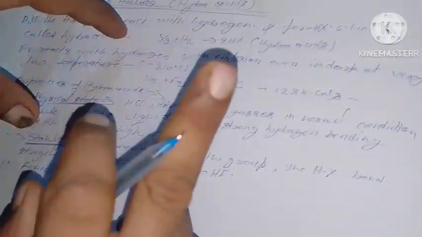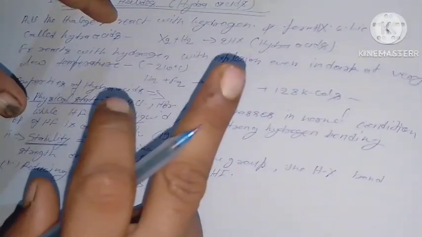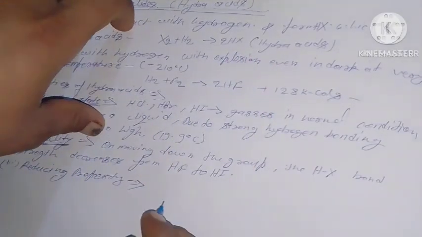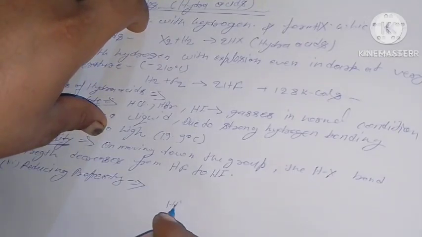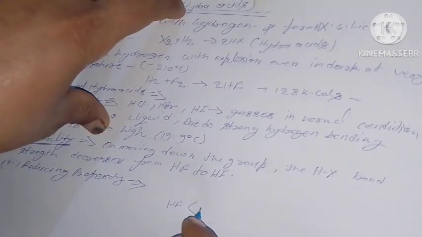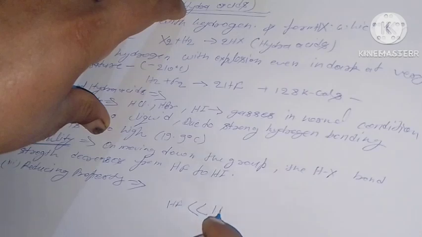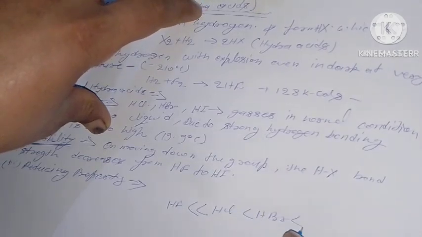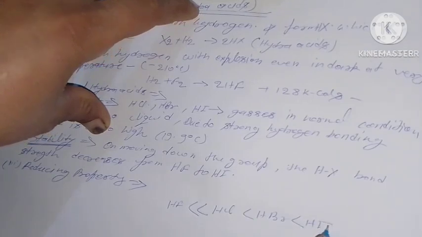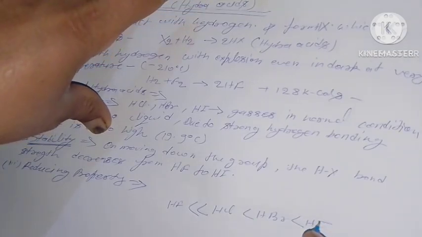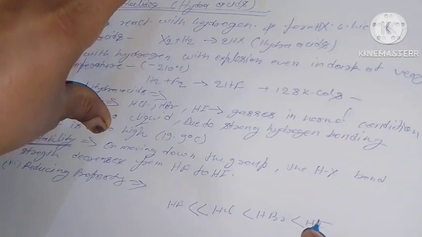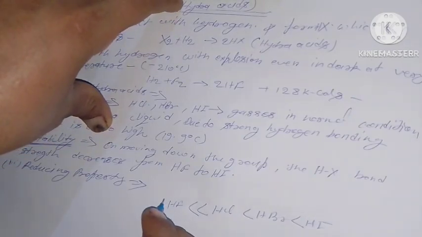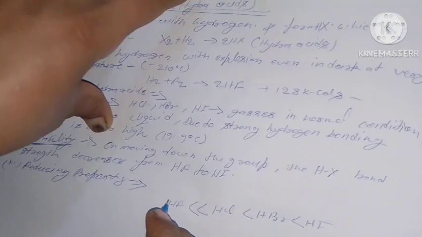Thus, the reducing property of hydra acids of halogens increases in the order: hydrogen fluoride is less than hydrogen chloride, is less than hydrogen bromide, is less than hydrogen iodide.